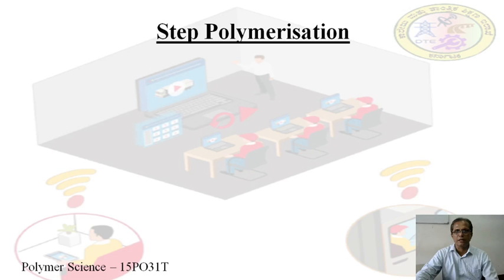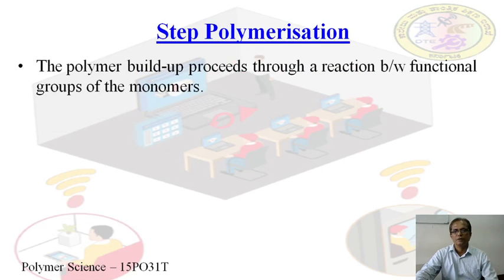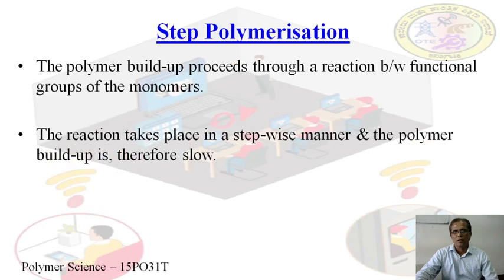Now, let us begin with the first one, that is step polymerization. In this type of polymerization, reaction takes place between functional groups of monomers. The reaction proceeds in a stepwise manner.